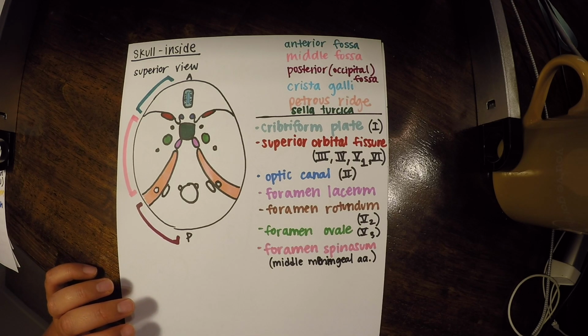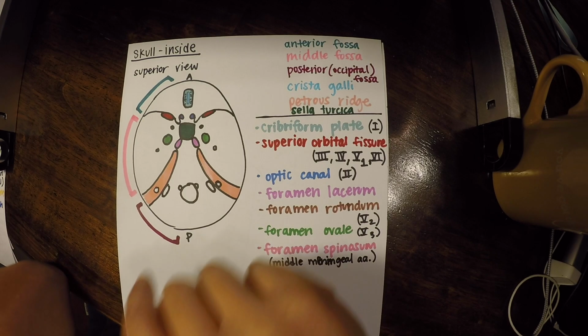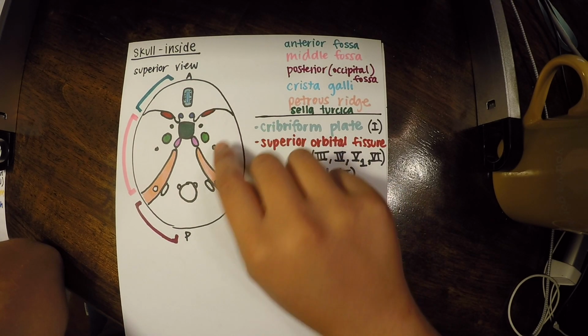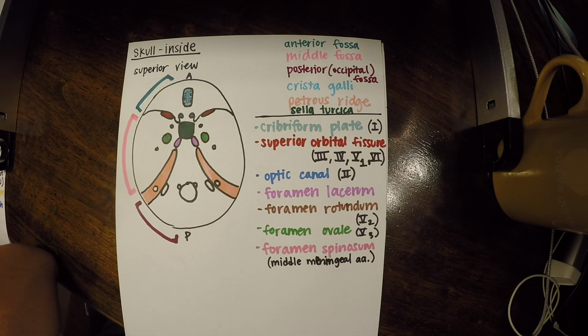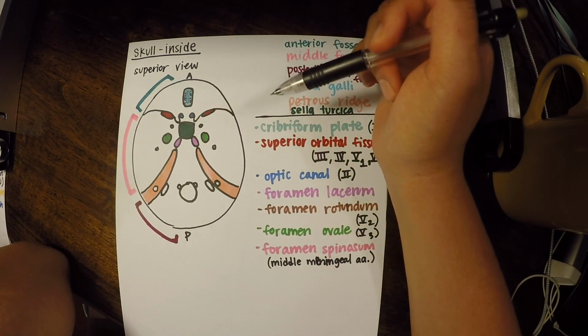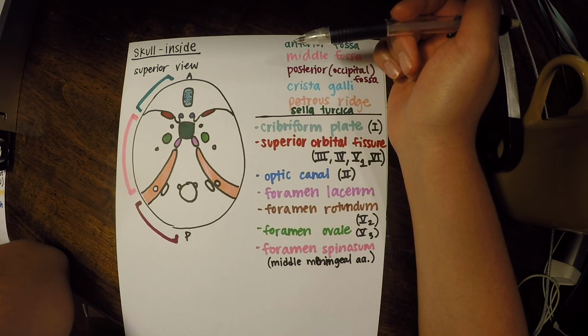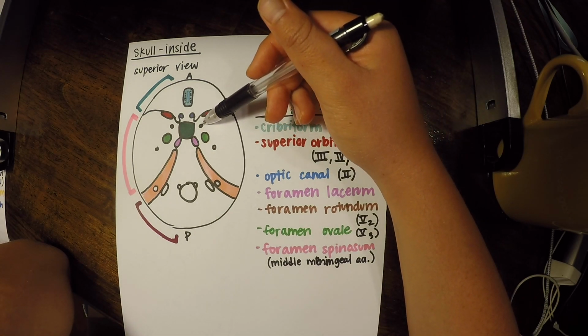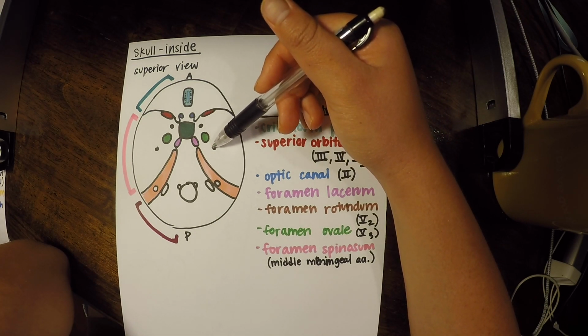All right, so one thing that people often get confused on is these foramen right here. So I came up with a little acronym type thing. It's not very complicated, but basically I'm separating these three structures that are on their own in the middle fossa and giving them the abbreviation ROS for rotundum ovale spinosum.